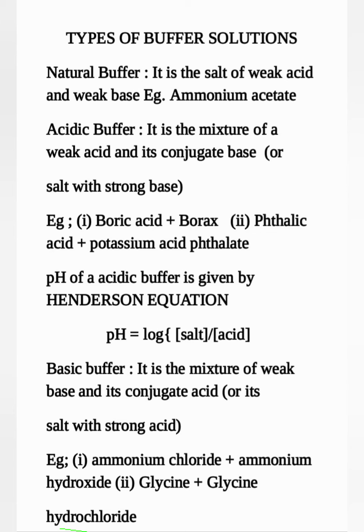Since it is a basic buffer, we get pOH, so we have to make use of the formula that we have learned already: pH plus pOH is equal to 14. From that, pH can be calculated as 14 minus pOH value. So hence the equation for the basic buffer is written as pOH is equal to logarithm of concentration of salt divided by concentration of the base.